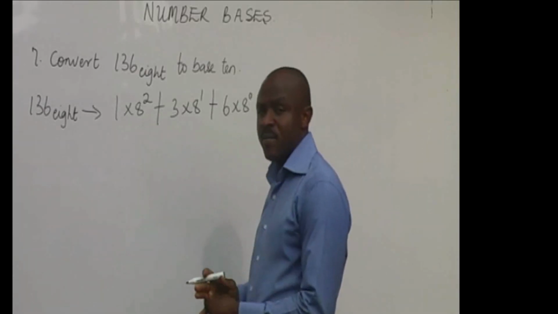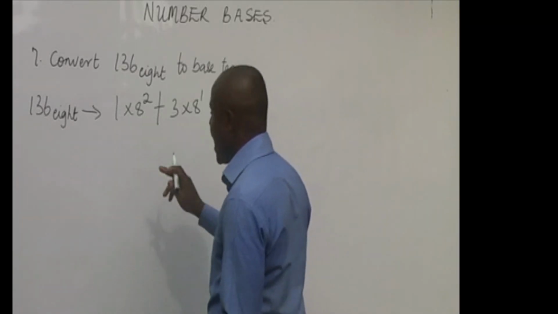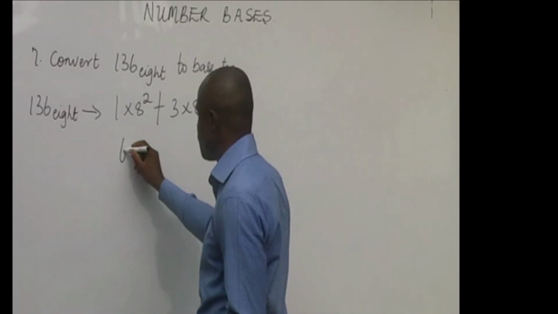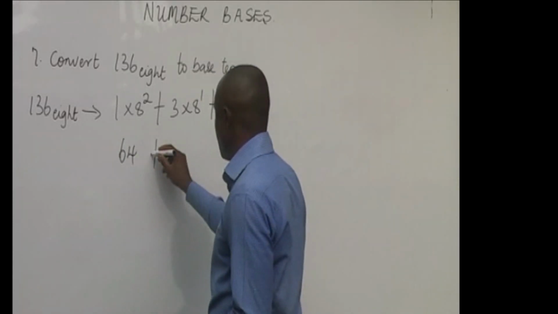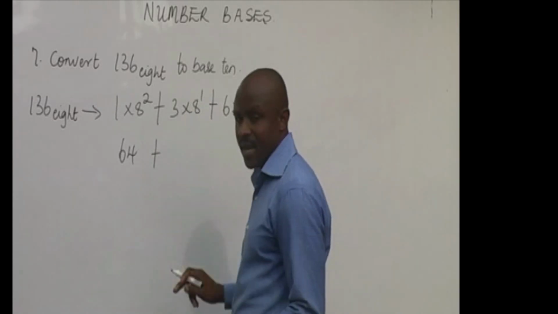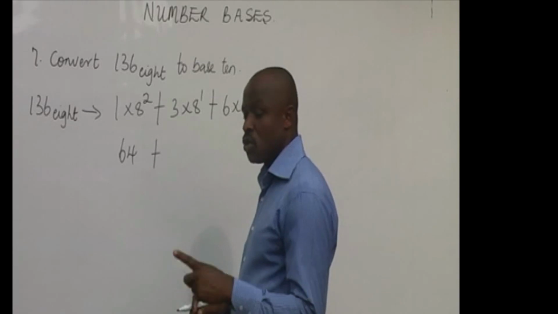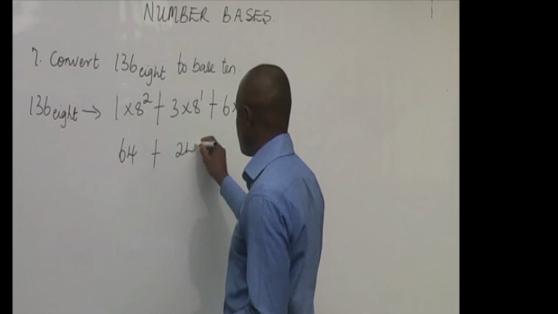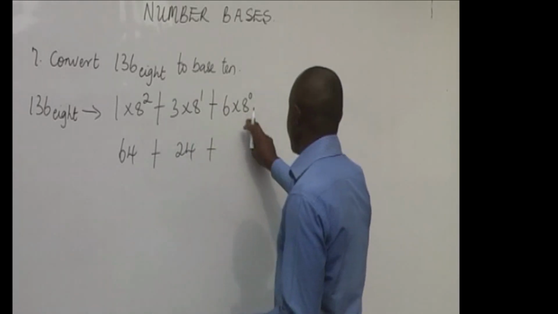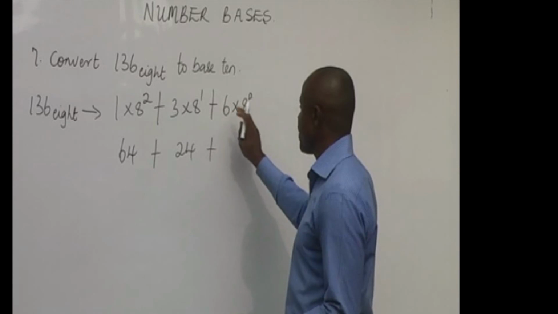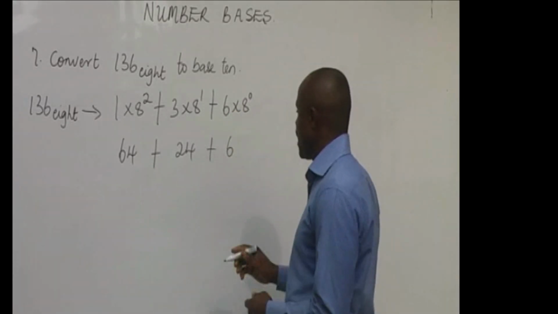8 squared means 8 times 8. 8 times 8 is 64. 64 times 1 will give you 64. Plus 8 exponent 1 means 8. 8 times 3 will give you 24. So what we have here is 24, plus 8 exponent 0 is 1. That means 1 times 6 will give you 6.